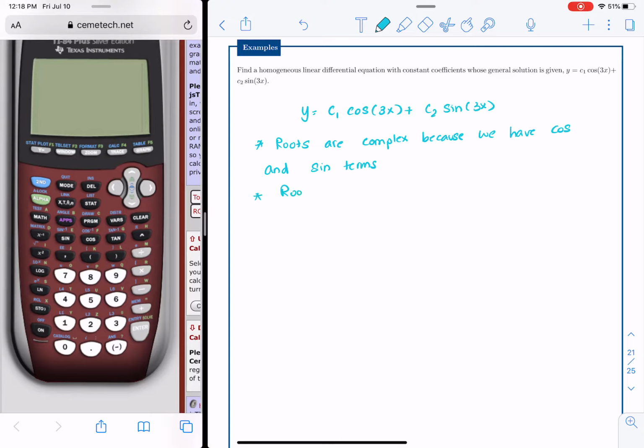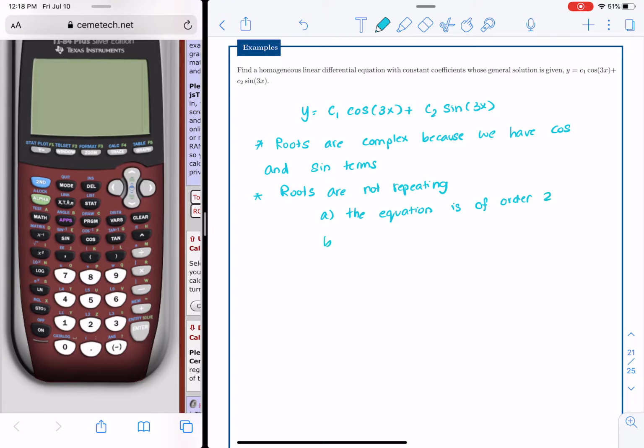But the roots are not repeating. There are two reasons. A, the equation is of second order or order 2.